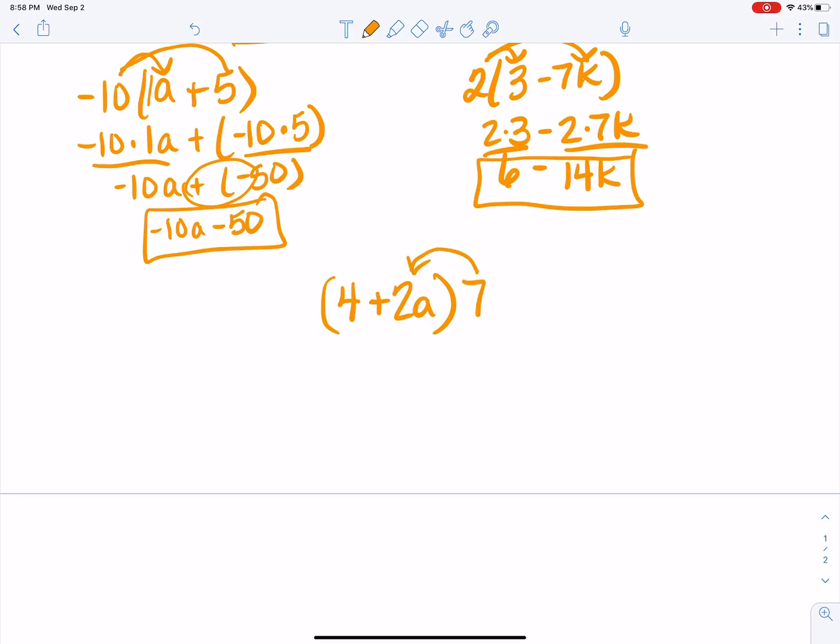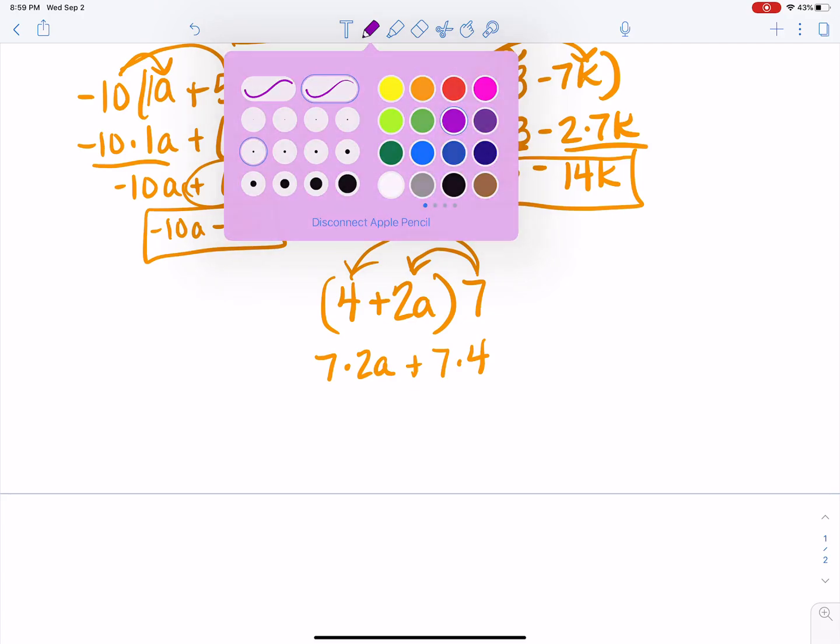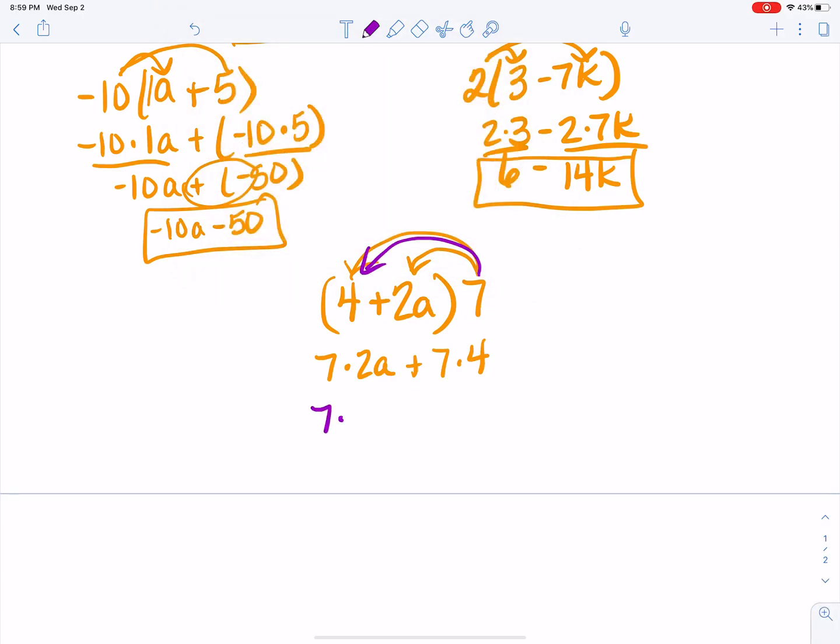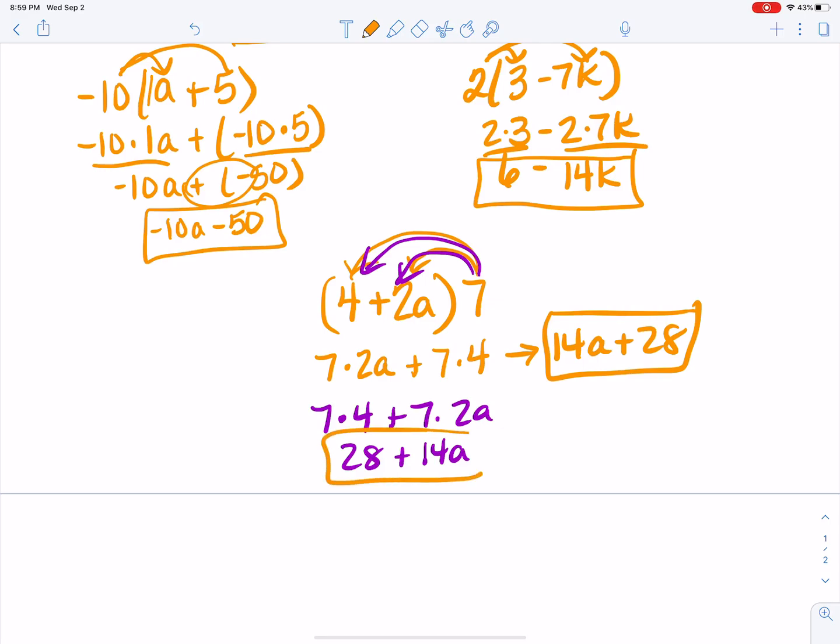No. Still going to distribute. 7 times 2a plus 7 times 4. Or you could do 7 times 4 plus 7 times 2a. 28 plus 14a, which is the same as our 14a plus 28. See, this and this are the same.